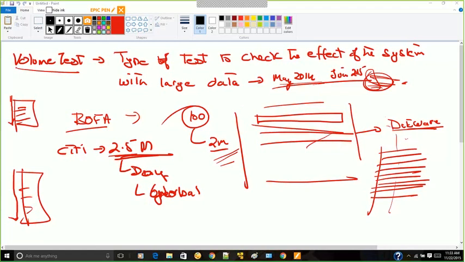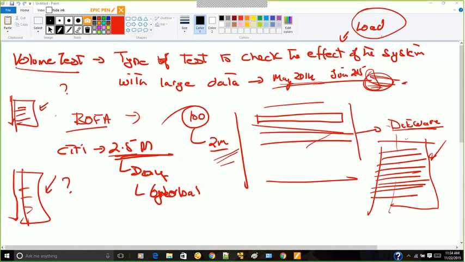You will create test data, mimic it in your environment, and run the same load test. You're not going to run a stress test. You run the same load test and see how my response time was with minimal data, and how my response time is with a large amount of data. This is what we do in volume test. Guys, are you able to understand this?